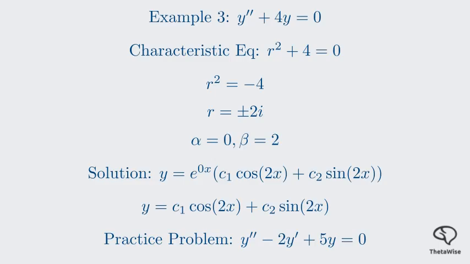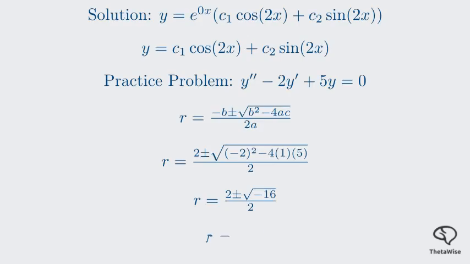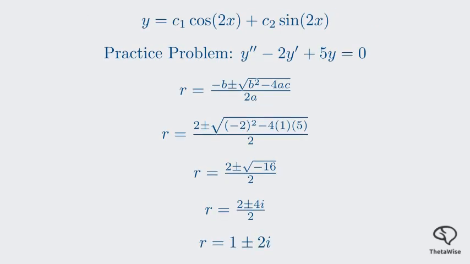Welcome back. The characteristic equation is r squared minus 2r plus 5 equals 0. This doesn't factor easily, so we use the quadratic formula. r equals negative b plus or minus the square root of b squared minus 4ac, all over 2a.